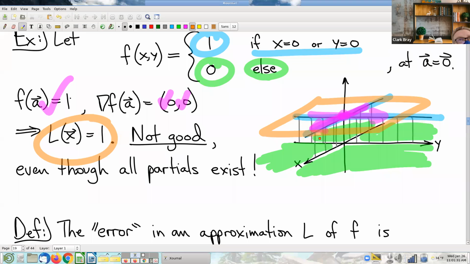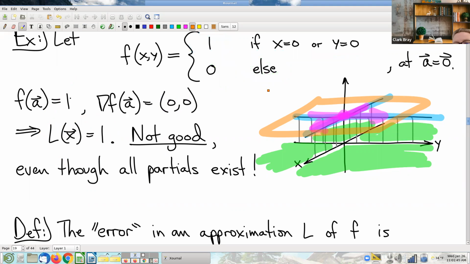It's way off, right? And the blame is on the function. This function is a messed up function. This function is not good enough to have a linear approximation. So, mathematicians worry a lot about situations like this, where we write down certain formulas with simple cases in mind.